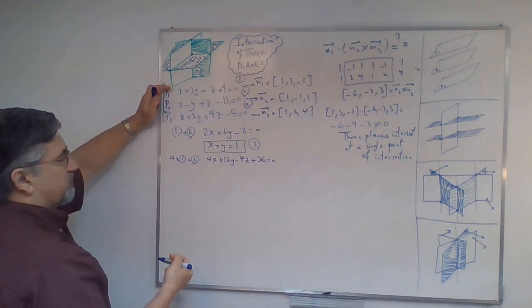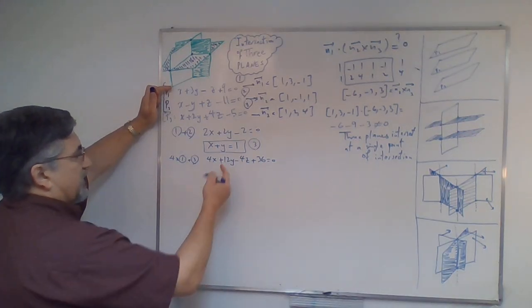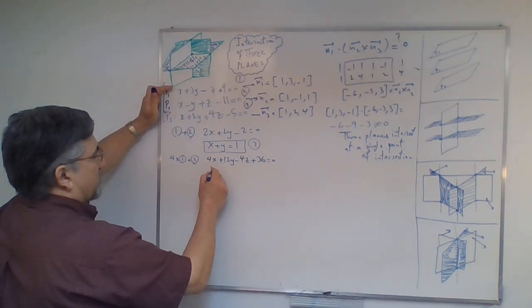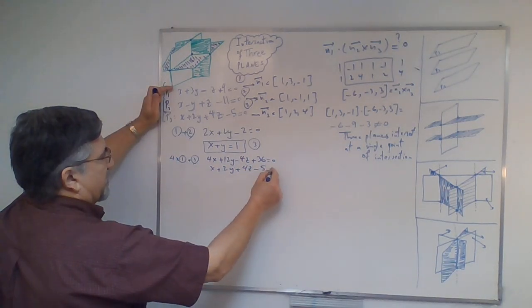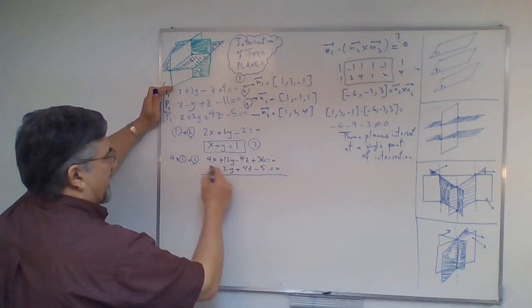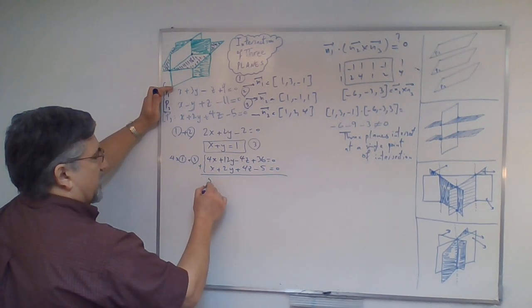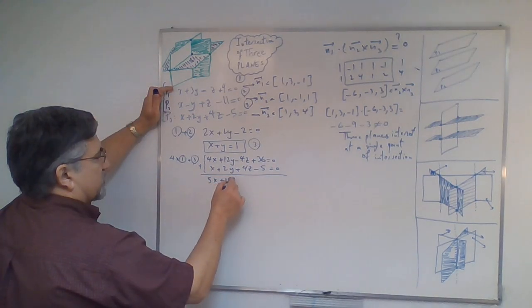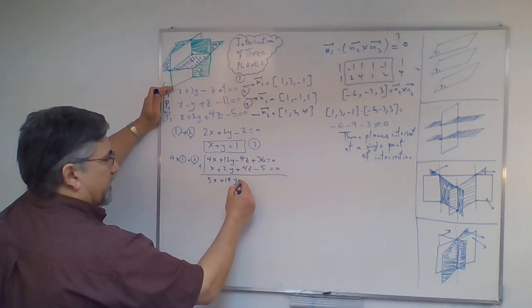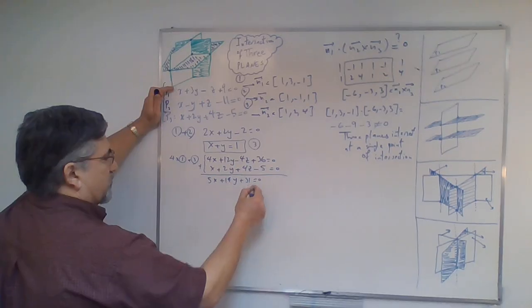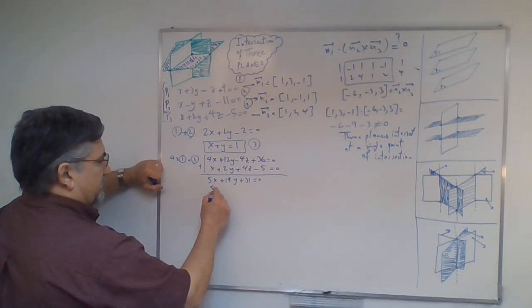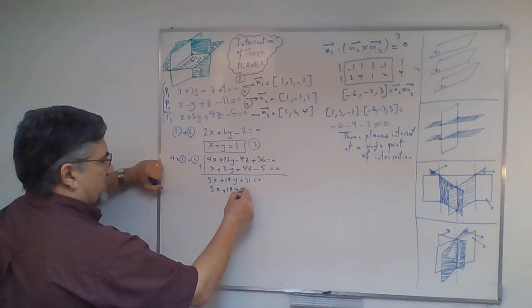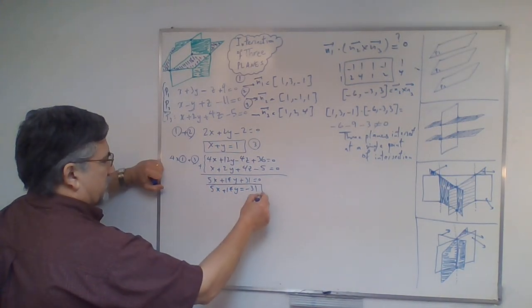I multiply equation number 1 by 4, and equation number 3 was already x plus 2y plus 4z minus 5 equals 0. Now if I add these two equations up, I get 5x plus 14y, these two cancel out each other, plus 31 equals 0. So from here, I'll end up with 5x plus 14y equals negative 31.